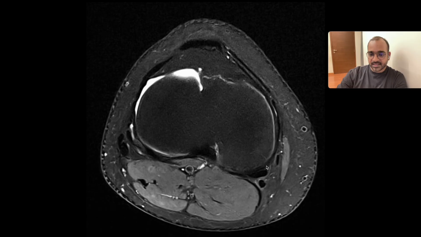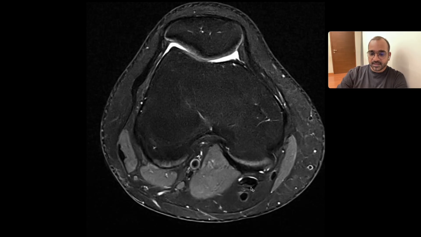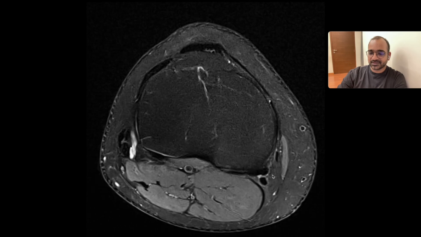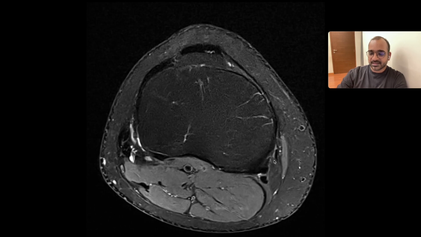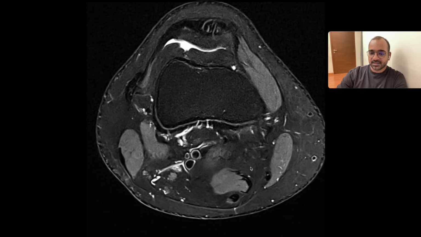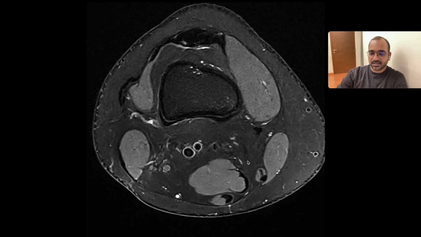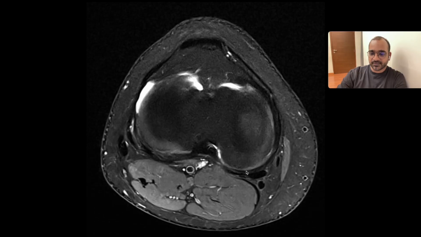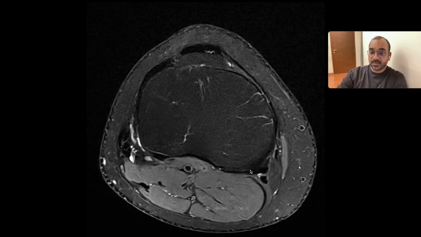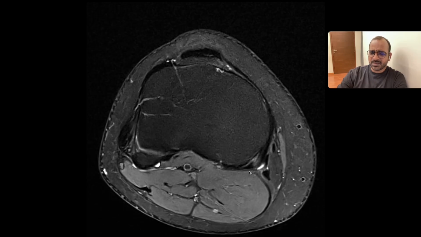Okay, pes anserinus bursa. So what is this then? We have thought about these three muscles. That is okay. And what is this? This is our semimembranosus. Why semimembranosus?